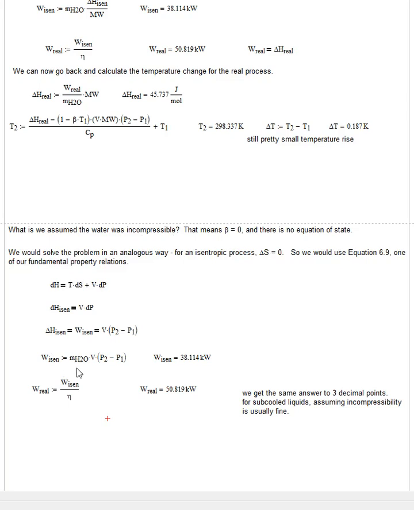Your equation for calculating the work required to do that is a very simple equation, and you will use this kind of equation probably, I can bet, several times when you're in your fluid mechanics course.